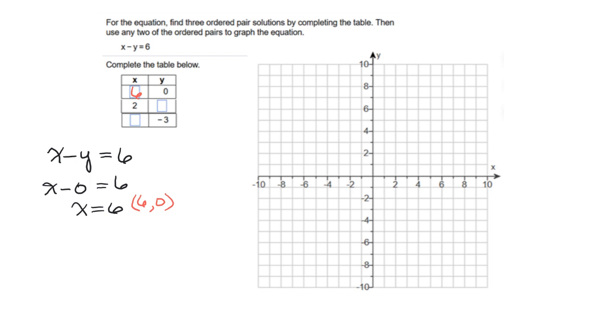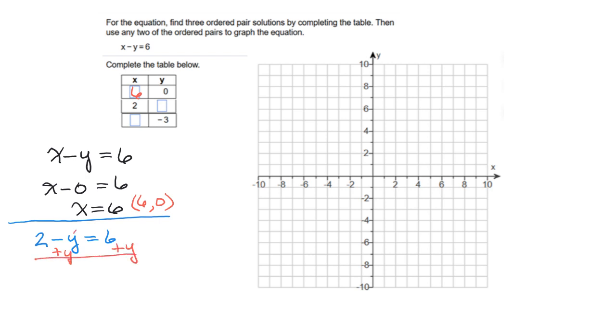Right, then I'll take a look at the second ordered pair, and they give us x is 2, and they want us to find y. Put a little line right here, and I'll say 2 minus y is equal to 6. So we're going to solve for y. And what I will do first is I'm actually going to add y to the right-hand side of my equation.